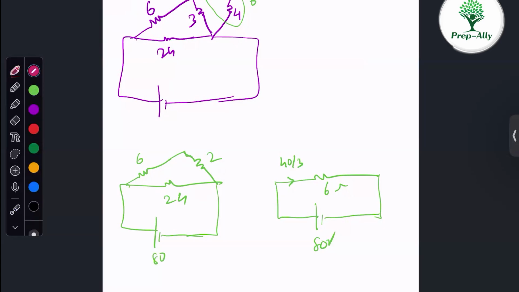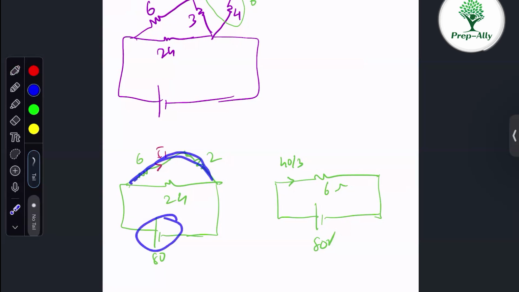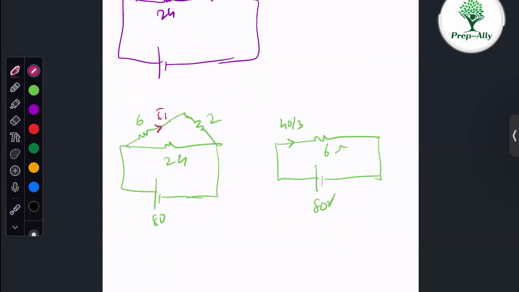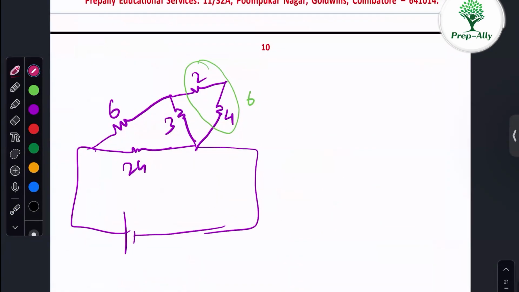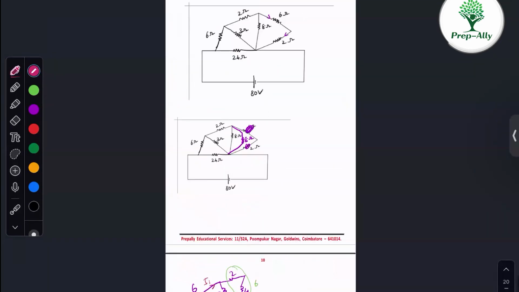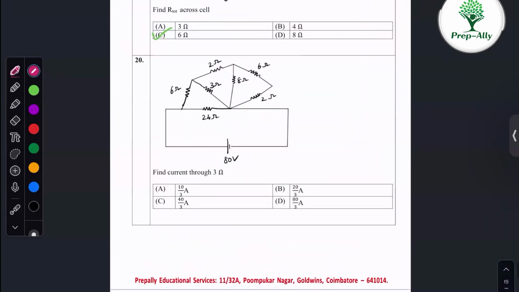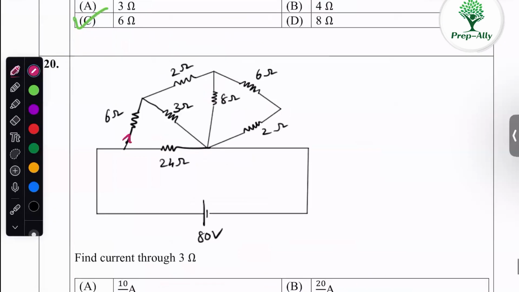Directly we can find what this current is, because 80 volt is across the 8 ohm resistors. So I1 will be equal to 80 volt by 8 ohms, which is 10 amperes. But they're asking you to find the current through 3 ohms. So this current is I1, which is 10 amperes.